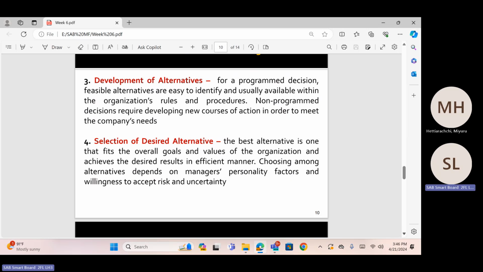It is easy to identify many alternatives for short-term decisions, program decisions, compared to the other two types of decisions. But anyhow, for any decision, there should be many alternatives. From these many, the best one should be selected.